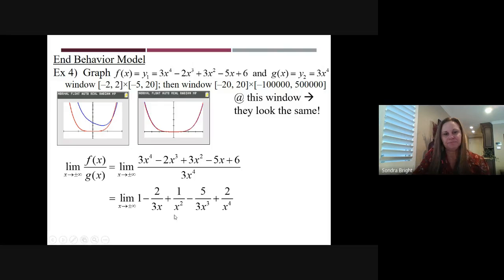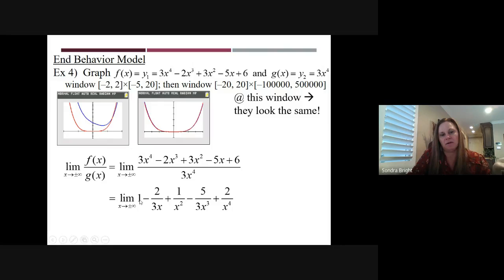Now remember, the limit properties hold for plus or minus infinity. So when I take the limit of each of these pieces as x approaches positive or negative infinity, the limit of 1 is just 1, since there's nothing to plug into x.